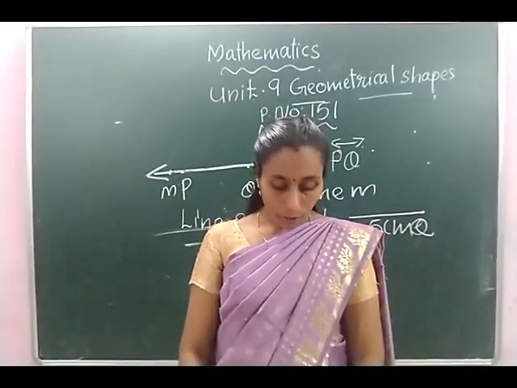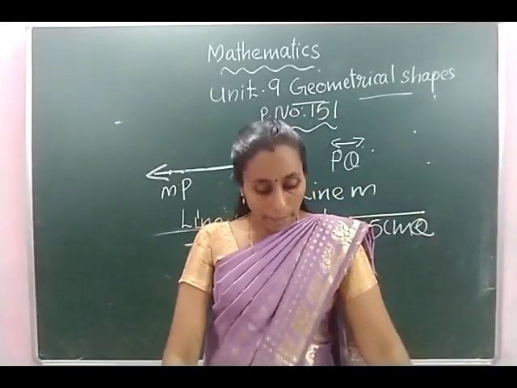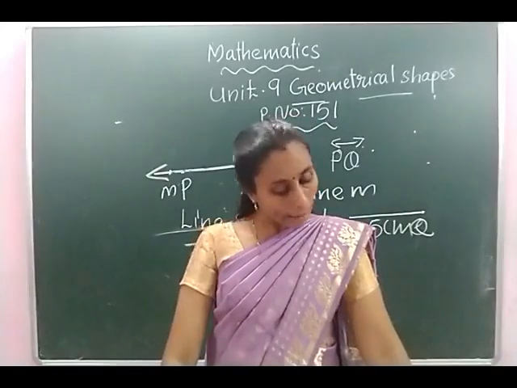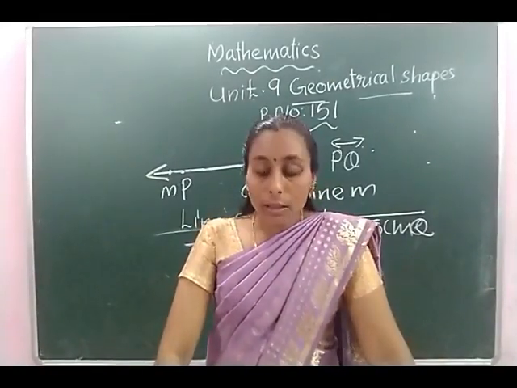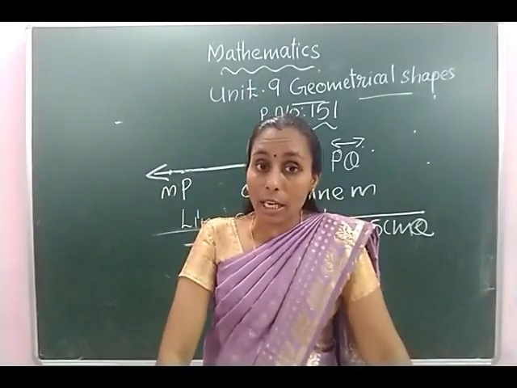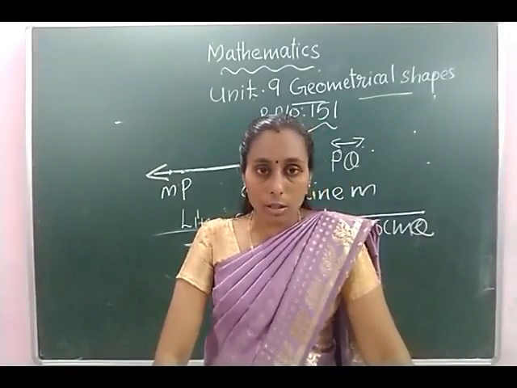Okay. In this class we have learned about plane, point, line segment and line. What is a plane? A plane is a flat surface which extends endlessly in all directions, all four directions.